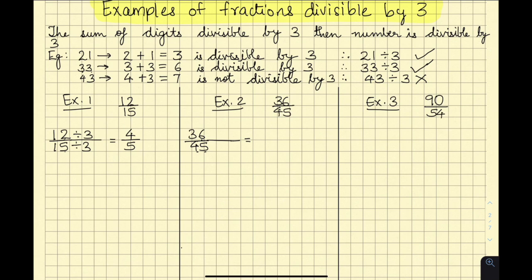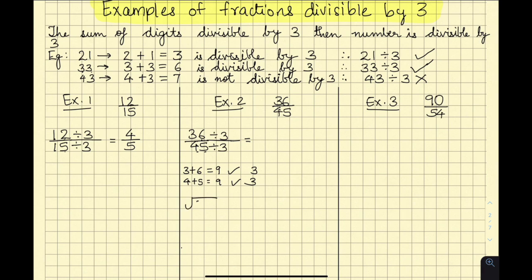Now the digits of 36, 3 plus 6, we can solve here in rough. 3 plus 6 is equal to 9. So this number is divisible by 3. 45 has the digits 4 and 5. 4 plus 5 is equal to 9. So this number is also divisible by 3. Hence both are divisible by 3.